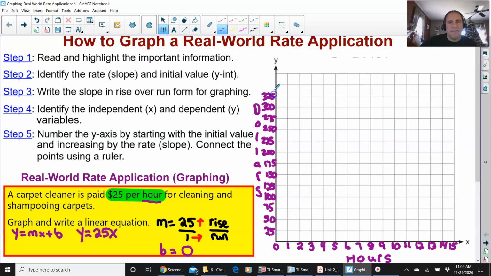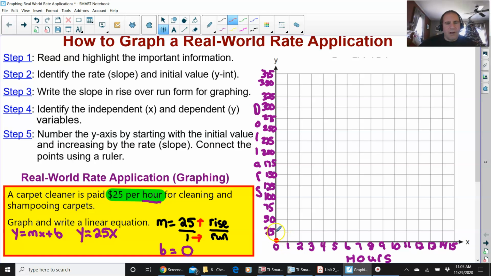And 325, and make sure you go up all the way to the top. And it should stop at 375 on this graph. So we are going to start our first point at 0 hours, $0 for this cleaner.